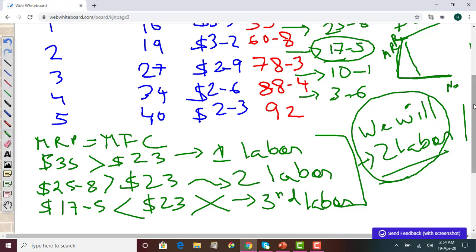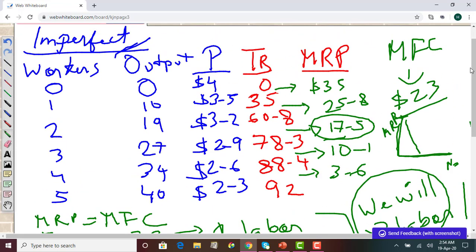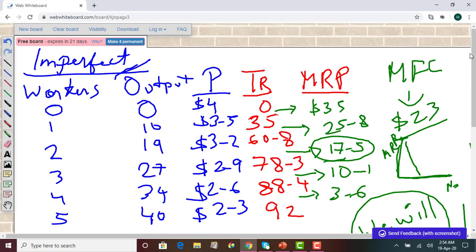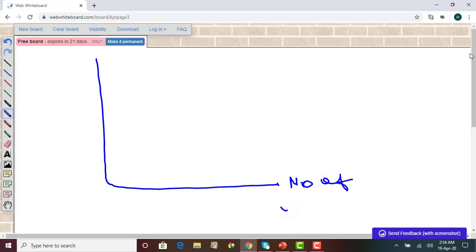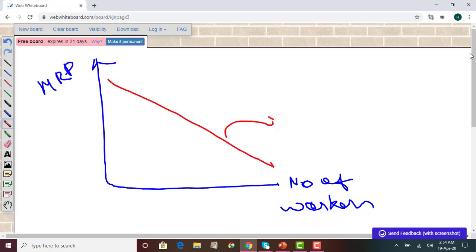Okay, and in terms of the graph, let me do the graph. So remember, this was the number of workers, and on the y-axis we had MRP. This was for a perfect competition, when price did not change, and when the drop in MRP was less.